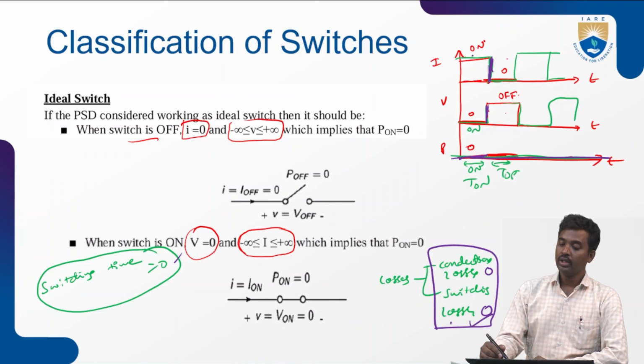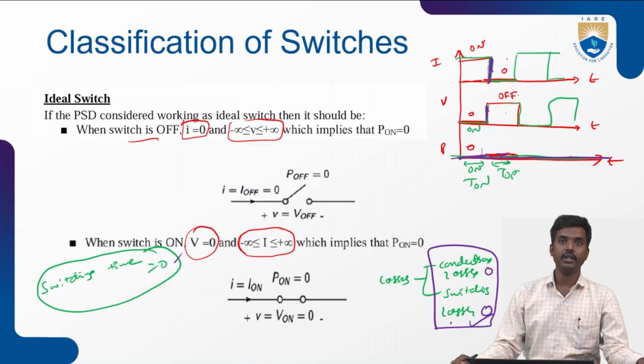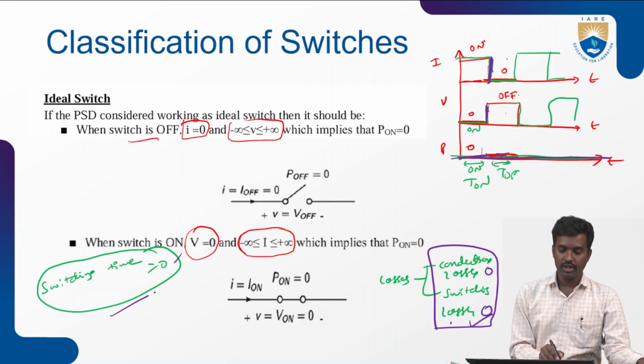During the turn on condition the voltage is 0, so the complete conduction power loss is 0. In the turn off condition the current is 0, so voltage into current, the total power loss, is 0. In any case, during the on condition or off condition of an ideal switch, the conduction loss and switching loss are 0, and the switching time is 0.